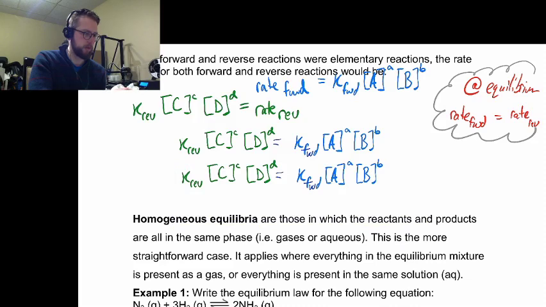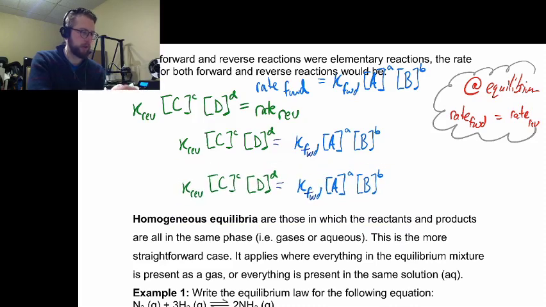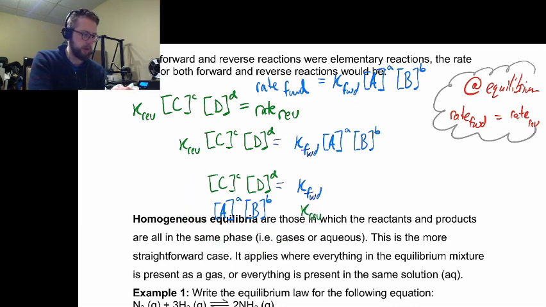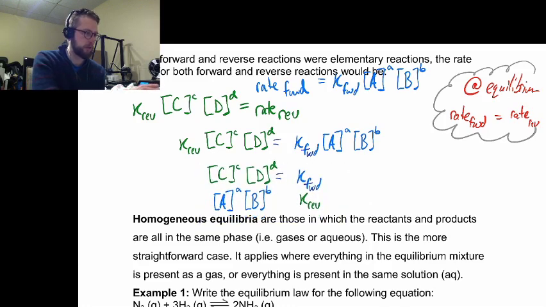All right. So what we're going to do is we're going to take the values of concentration and we're going to move those over into the denominator. And we're going to move our k's over together on the other side, because k's are constant, that makes them useful.